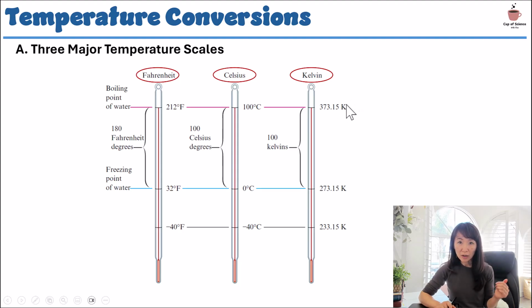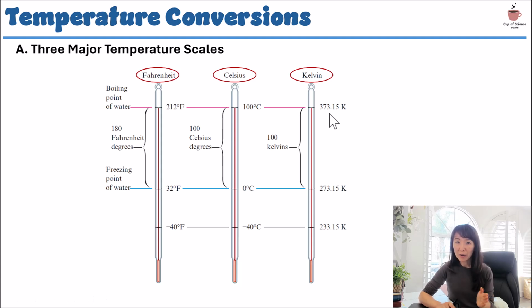Just to show you what Kelvin versus Celsius and Fahrenheit looks like in context, let's think about boiling water. Boiling water happens at 100 degrees Celsius. That is 212 Fahrenheit. That is the same as 373.15 Kelvin.